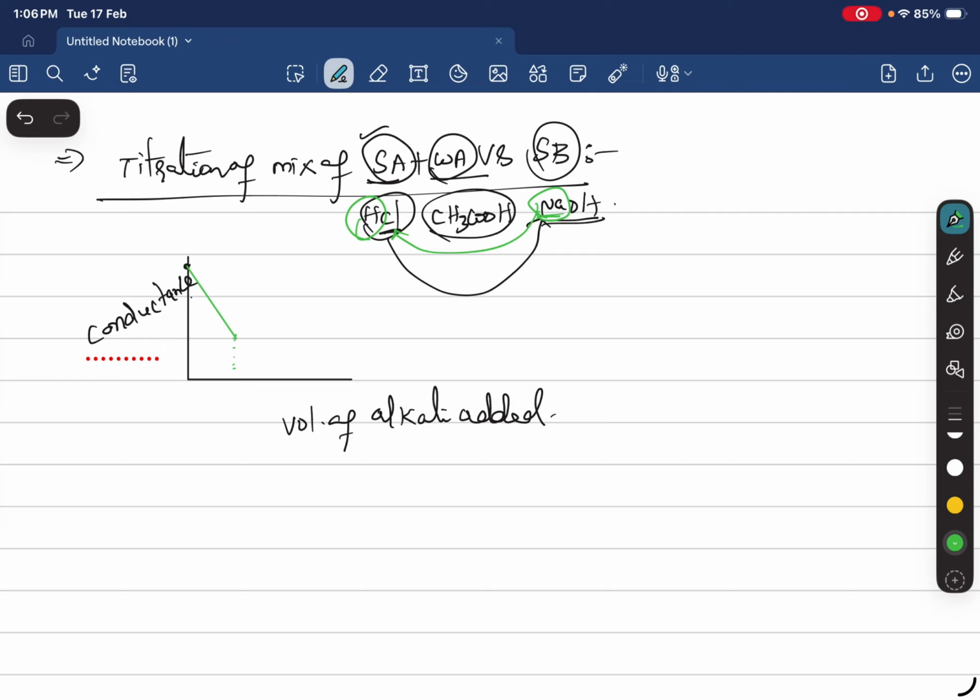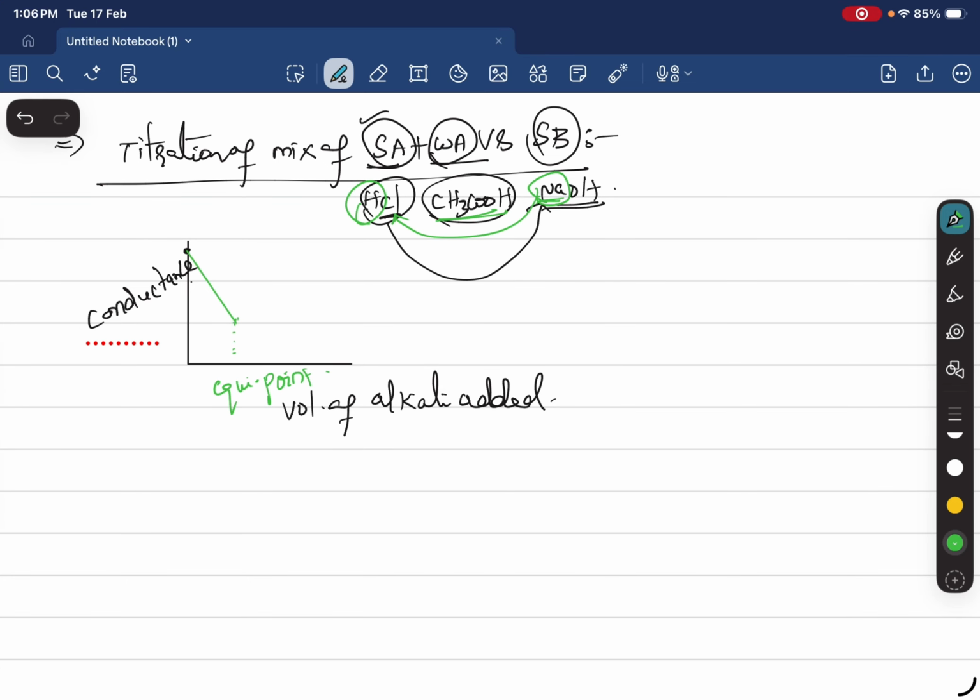And after reaching the equivalence point with the strong acid, the equivalence point happens with the weak acid, that is CH3COOH, so it will be like this.